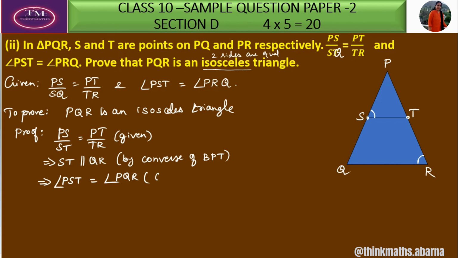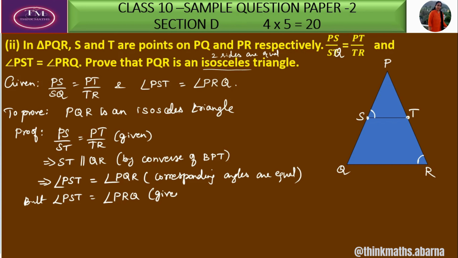The reason is corresponding angles are equal. So already what they have given, angle PST is equal to angle PRQ. So this is given. So let us name this as 1 and 2.